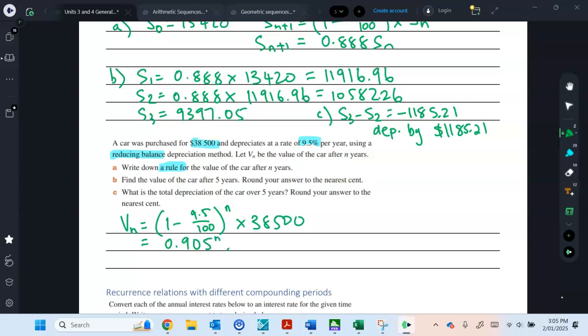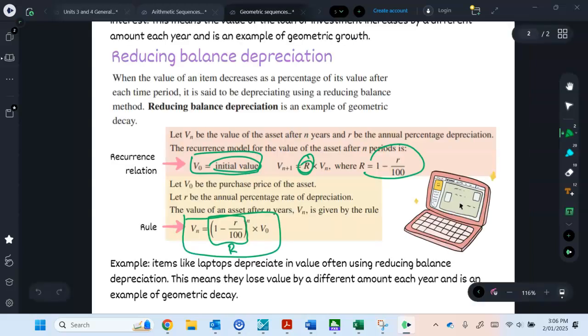Don't forget to the power of n times 38,500. You don't need brackets around that because it's a whole number. 0.905 to the power of n times 38,500. All right, so just getting it straight from our rule on this page.